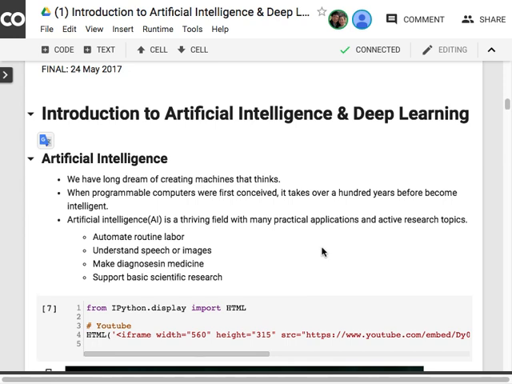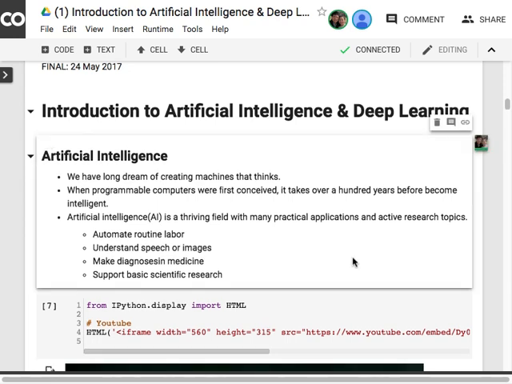Okay, let's start with the introduction: AI and deep learning. When we start at the beginning, at the moment the computer was invented by Alan Turing, in fact, as inventors, we really wanted to create a machine that is able to think by itself, to become intelligent and help us do intelligent tasks.